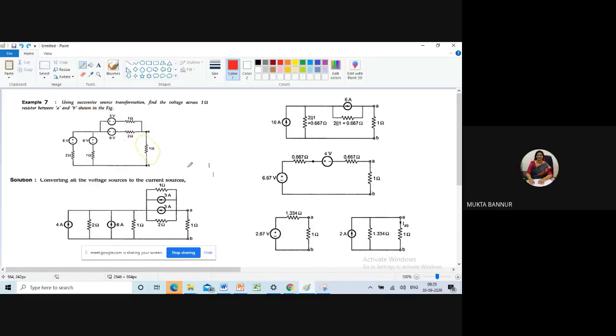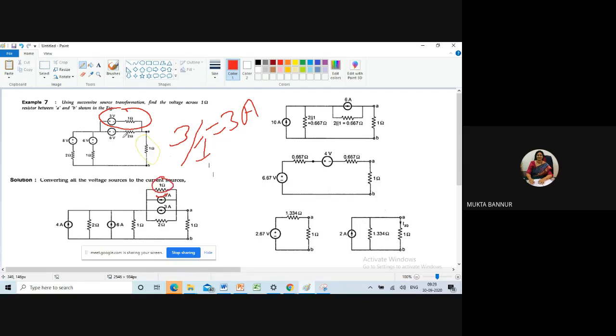This is 3 volt and 1 ohm. Thus, 3 divided by 1 ohm is equal to 3 ampere. That is here. Whatever resistance was there in series with the voltage source is connected over here.